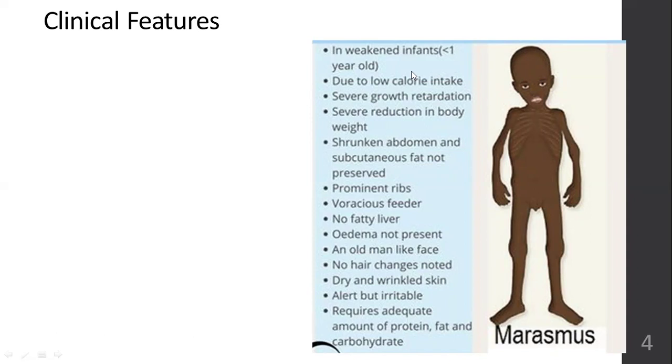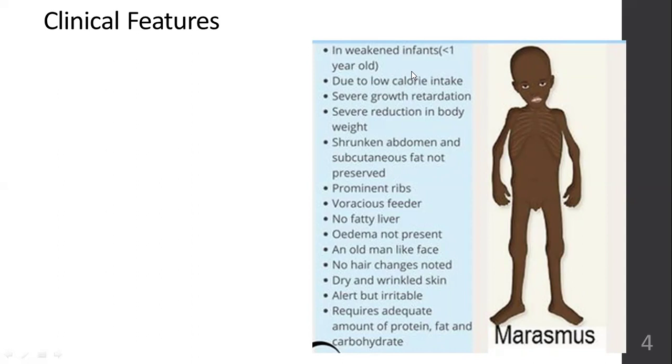Marasmus you usually see in infants who are less than 1 year of age. If malnutrition hits a child who is less than 1 year of age, usually it will be marasmus.